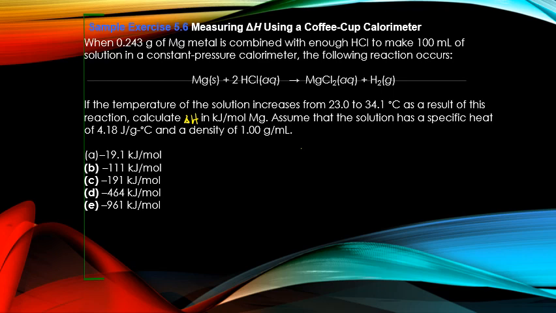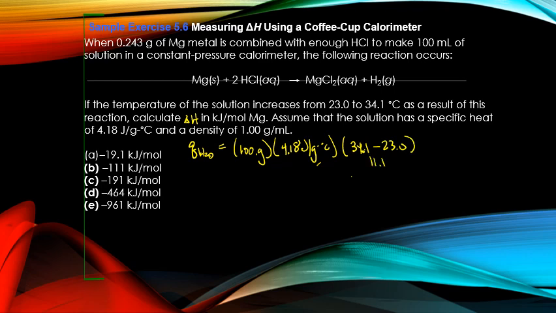So the first thing we need to do, just like the last problem, we want to take the information given and solve for the Q of the water, and that again will tell us the negative Q for the reaction. So for the Q of the water, it tells us that we have a total of 100 grams. We have the specific heat constant, 4.18 joules per gram degree Celsius, and we have the change in temperature being 34.1 minus 23.0.